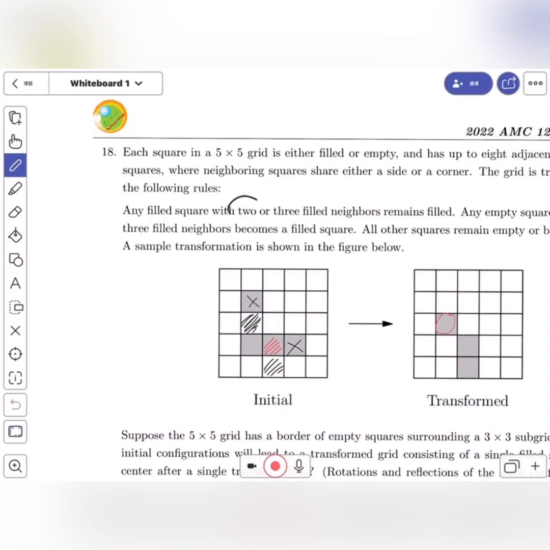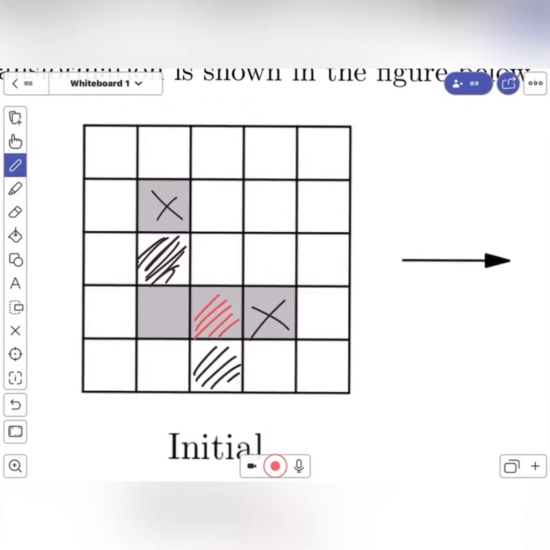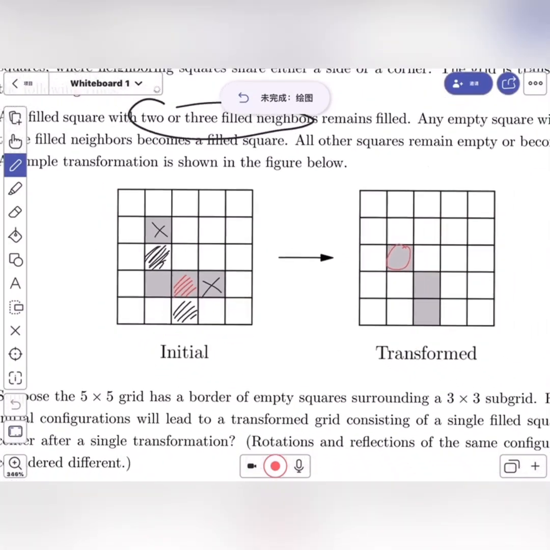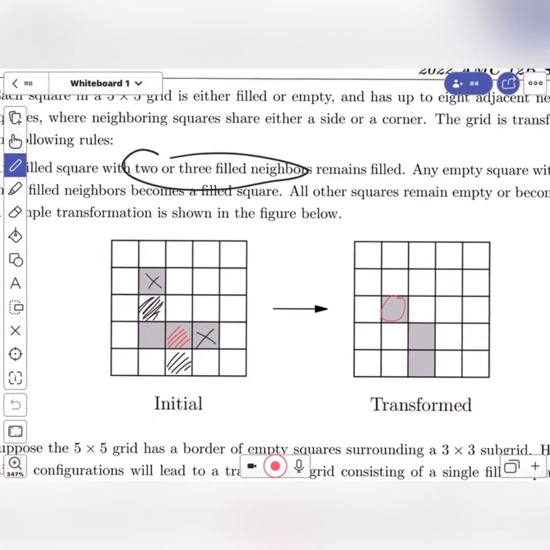And this basically means that this one would become a filled square. So it's demonstrated on the right hand side.